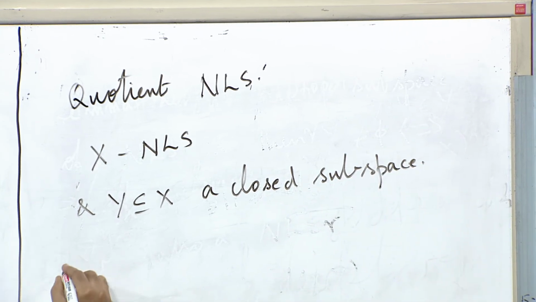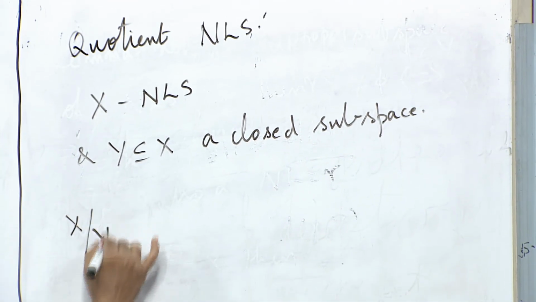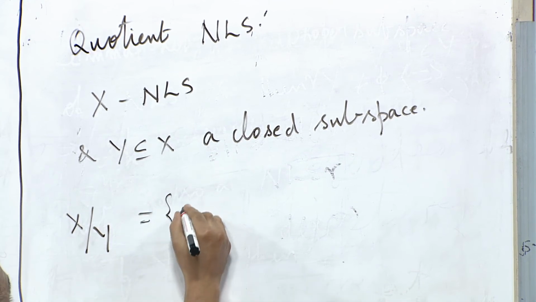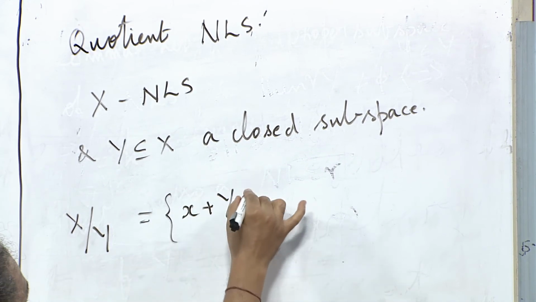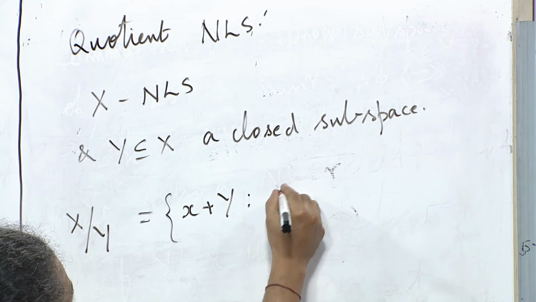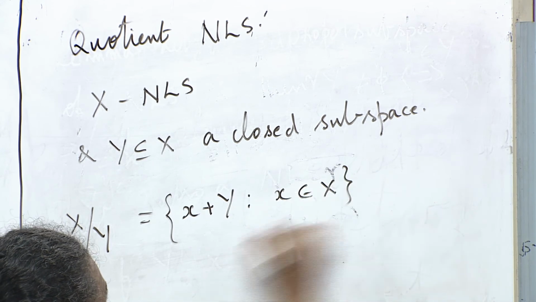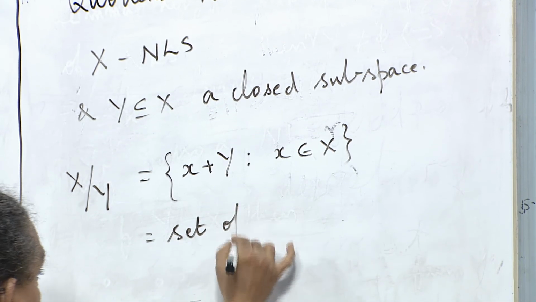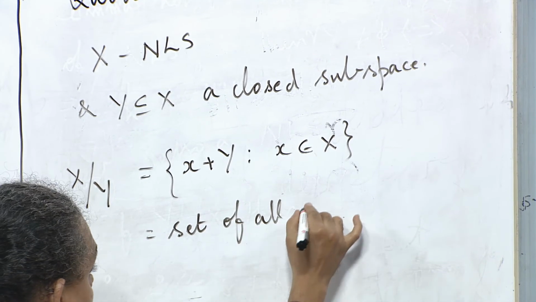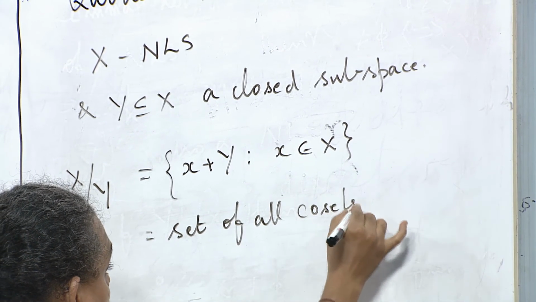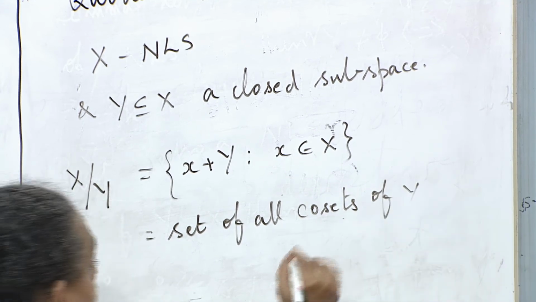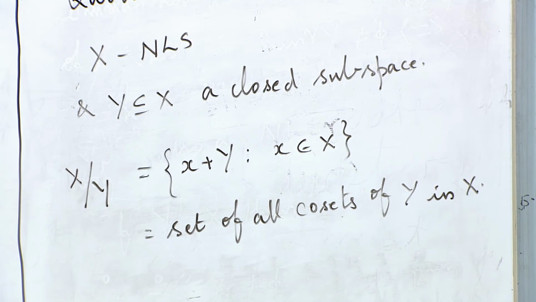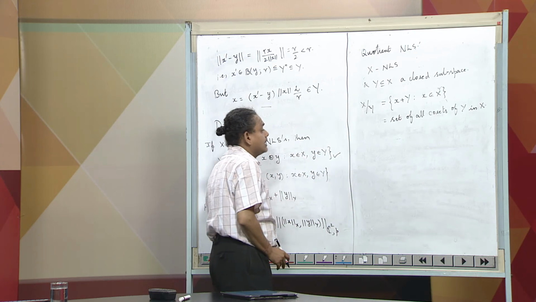Now, you have X mod Y, which by definition is going to be all elements of the form x plus Y such that x is in X. These are what are known as the set of all cosets of Y in X, right.